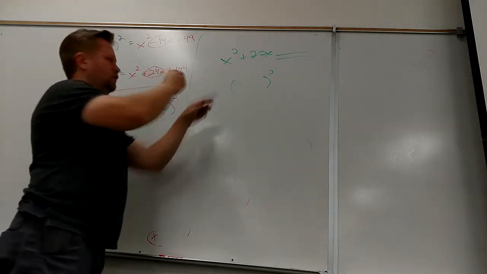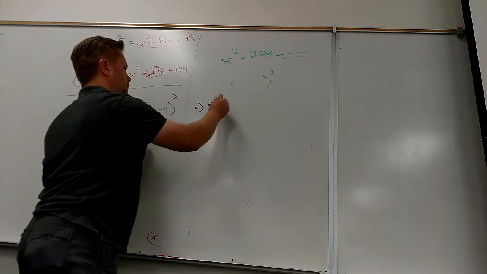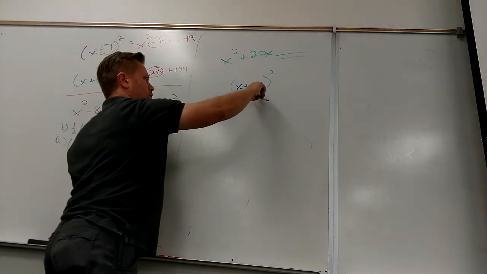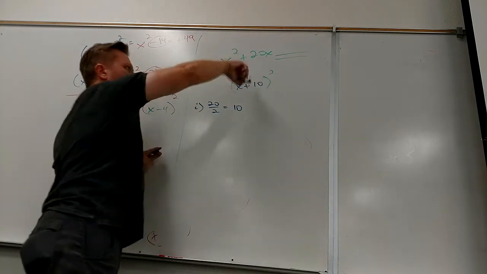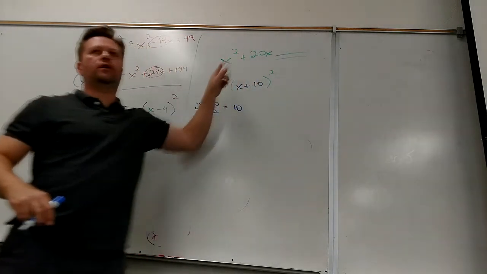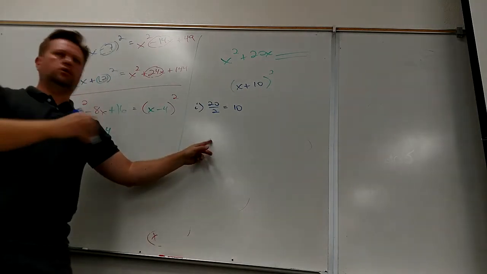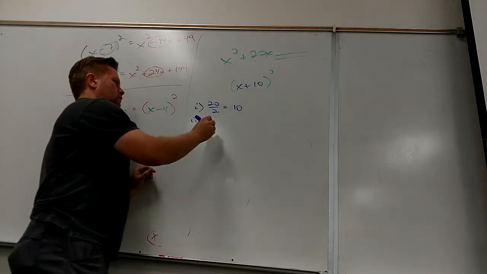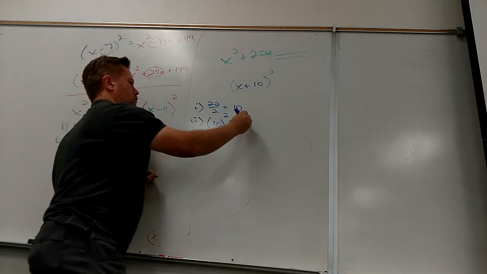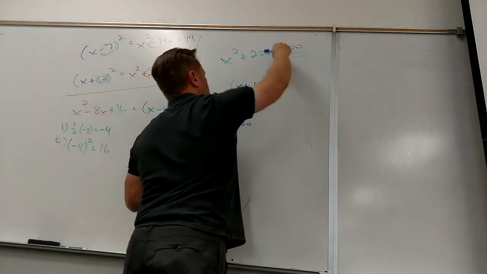Cut 20 in half. So that's what goes in here. The first step tells you how it will factor. The second step tells you what number to put here so that it works. And the second step is to do what? Square. You take what you got, square it. So you have to put 100 here, and then it becomes this.